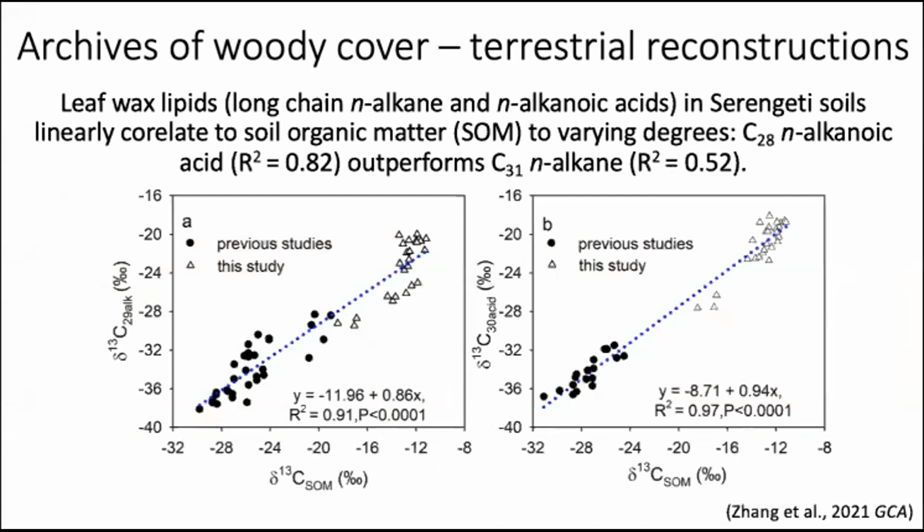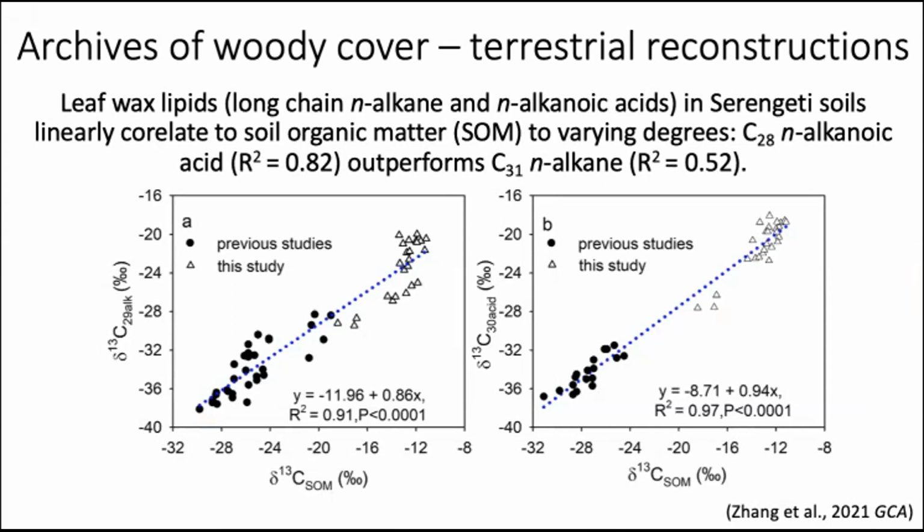Now, using leaf waxes is a really nice other archive that we can use. The leaf waxes are the waxy cuticle covering plants, which also record the carbon isotopic composition of that plant. A recent study by Zhang et al. found that leaf waxes found in soils actually correlate really well to organic matter.